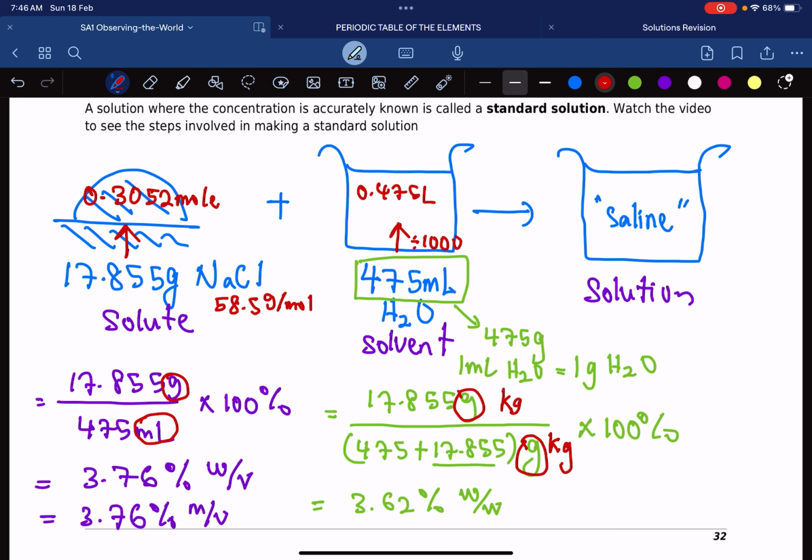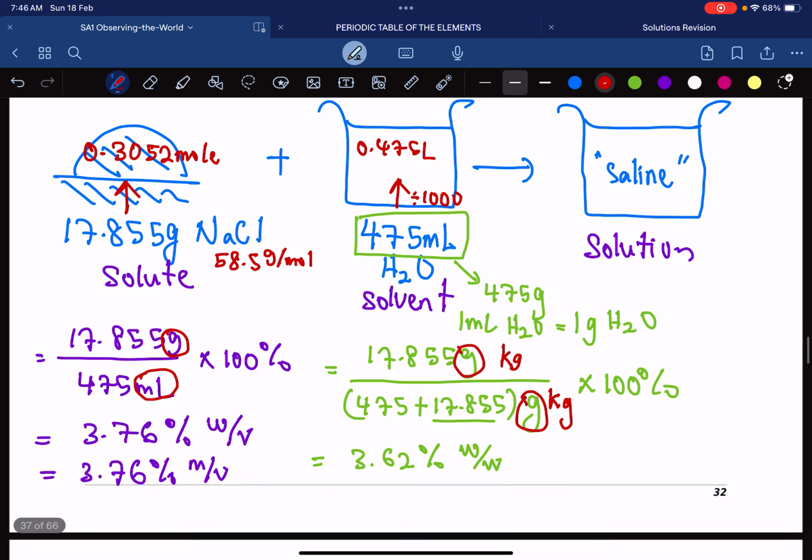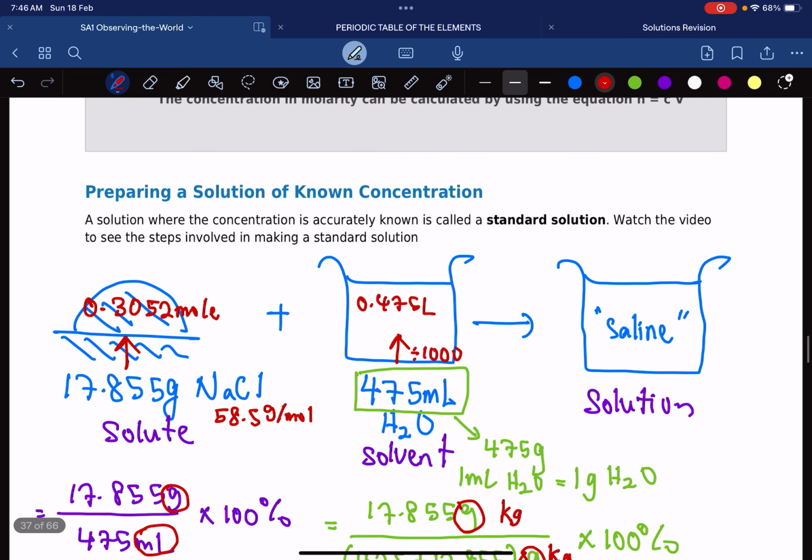Now we're going to take these two values. Molarity will be the moles, 0.3052, divided by 0.475, and this will give us 0.6426 capital M, molar.